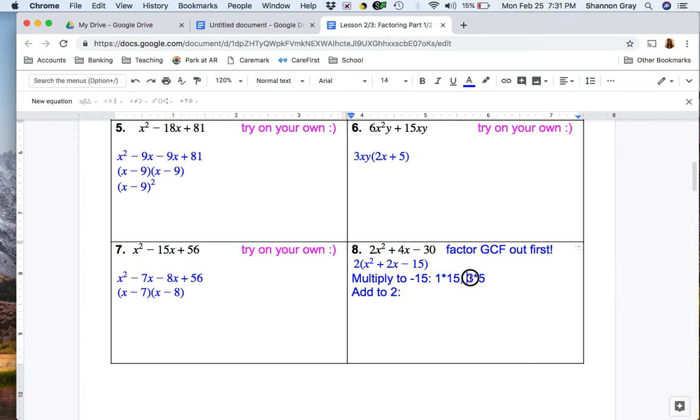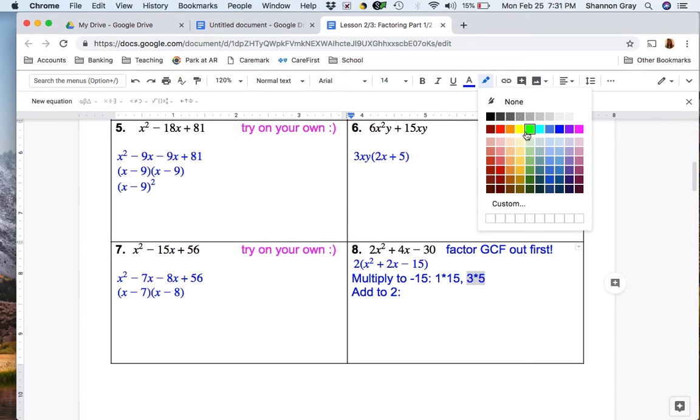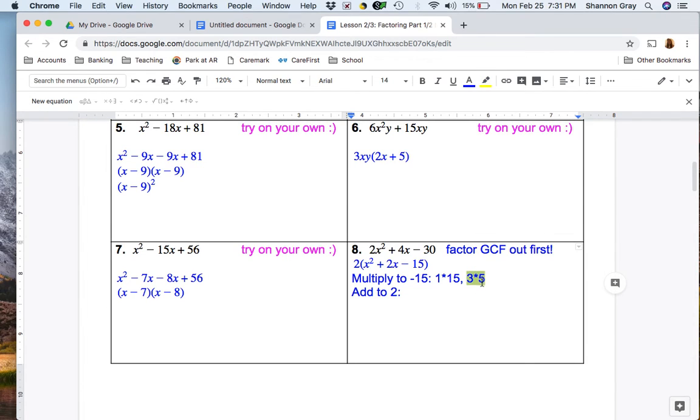So I want to figure out which one of 3 and 5 has to be negative in order for me to get 2. Well, the smaller number has to be negative. -3 and then +5. So if I do -3 plus 5, that does give me 2.